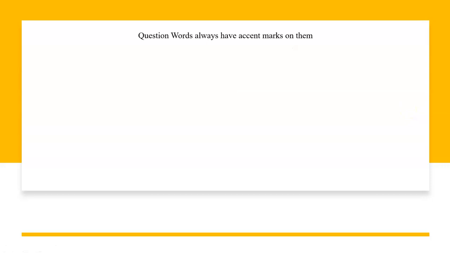Remember that question words always have accent marks on them where the emphasis naturally falls. So some examples: qué, cuándo, cómo, dónde, por qué. And you'll also see accent marks if there are two different words spelled the exact same way. The accent mark is on the more important word. You'll see what I mean here.